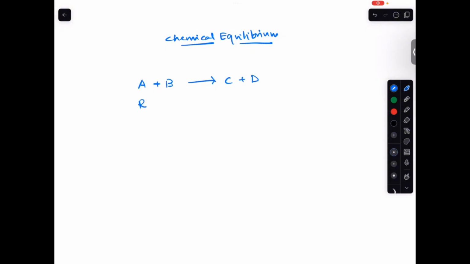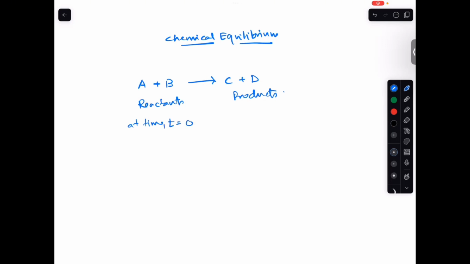So you have reactants going to products. So when the reaction begins, so let's call this at time t is equal to 0.